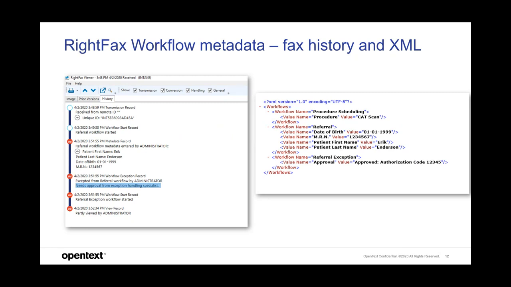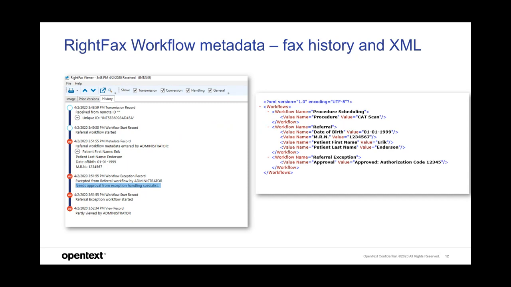And that's the visual history, which is another new feature that was added in 20.2. It lets you really quickly visualize where the fax has gone through the system and what users have touched it along the way. On the right-hand side is the ultimate output of a RightFax workflows file, right?